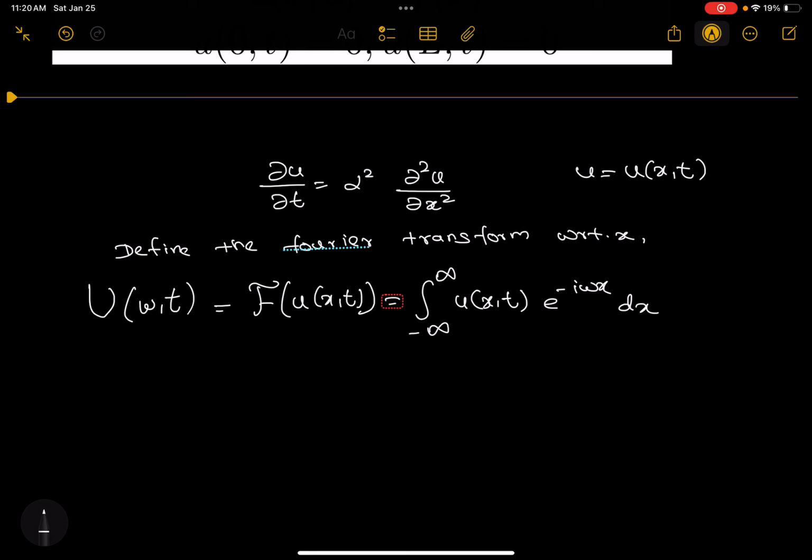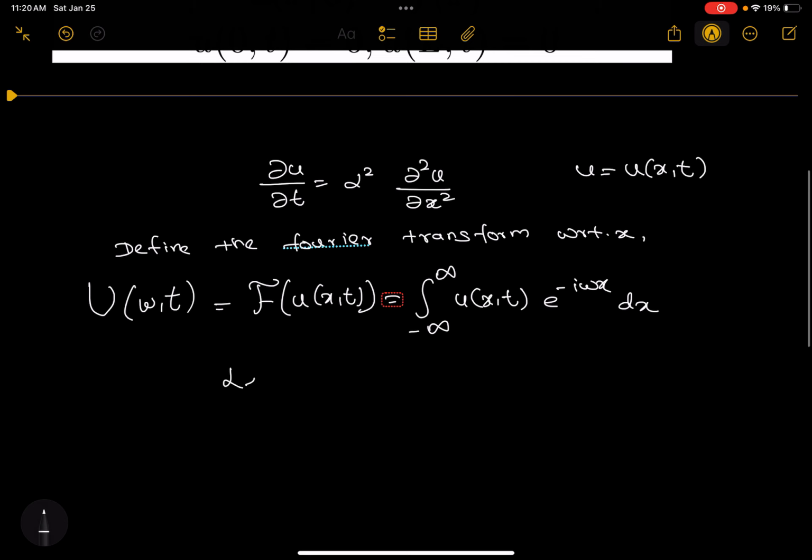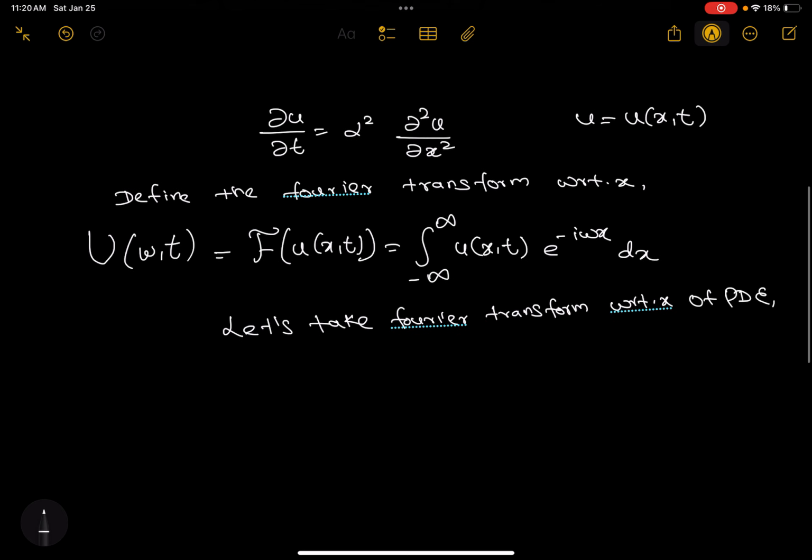Okay. So now let's take the Fourier transform of the PDE with respect to x. So that will just be the Fourier transform of partial u by partial t is equal to alpha square times the Fourier transform of partial square u by partial x square.